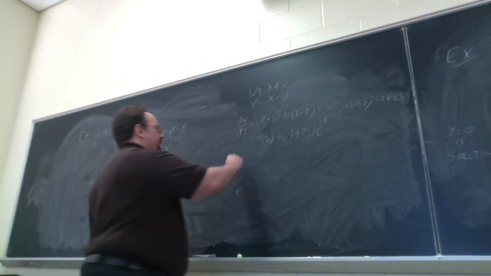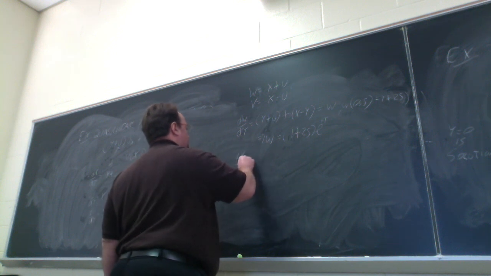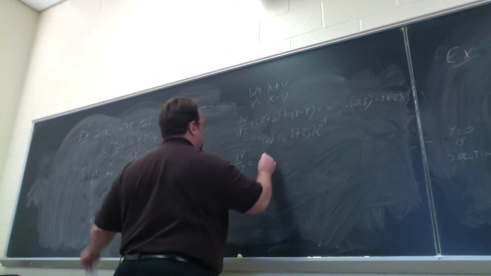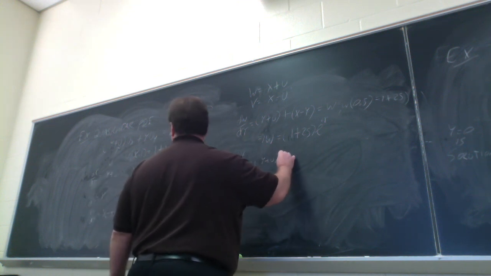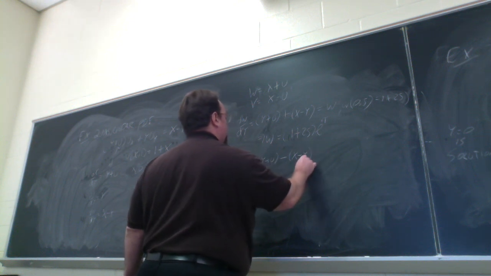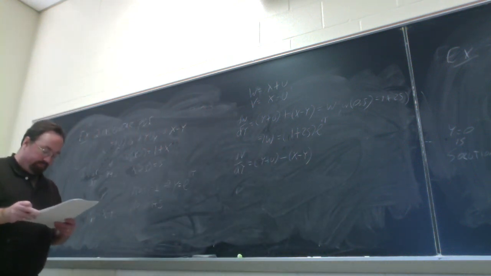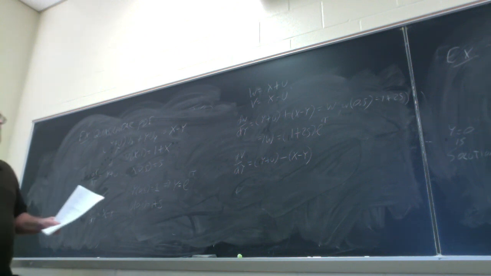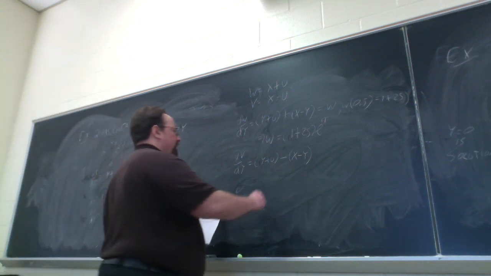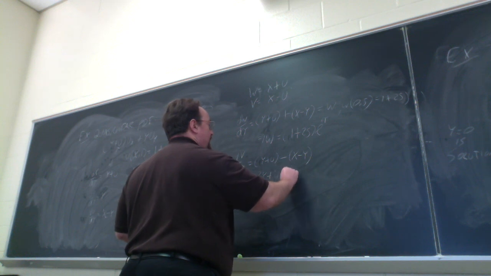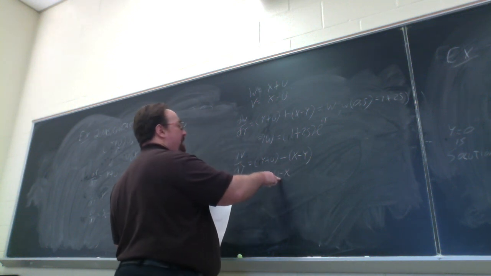Well, dv d tau is equal to, okay, so we have x minus u. So y plus u minus x minus y. Okay, so what happens in this case, you don't get cancellation, but what you do get is 2y plus u minus x, but that's the same as minus v.